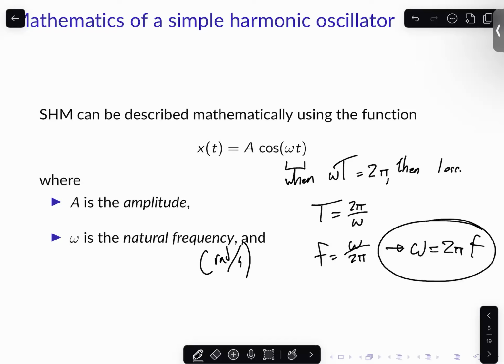So if I just say frequency, which one am I talking about? F. If I say natural frequency, which am I talking about? Omega. If you don't see the word natural or angular, I'm not talking about omega. If you don't see the word natural or angular or whatever, I'm talking about ordinary frequency. Okay?